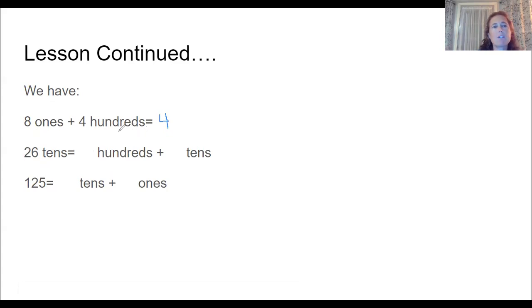Do we have any tens? No, but we still have to hold the place here. We can't just put the 8 here. So we have to put a 0 because we have 0 tens. And then our 8 ones goes here in the ones place. So it's 408.